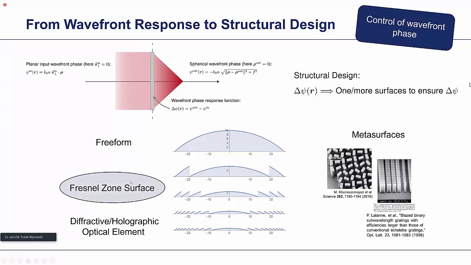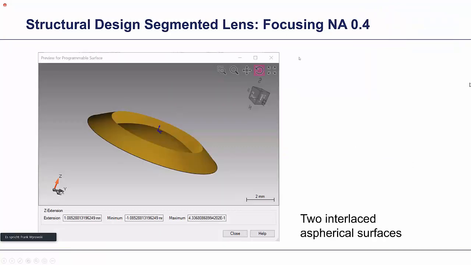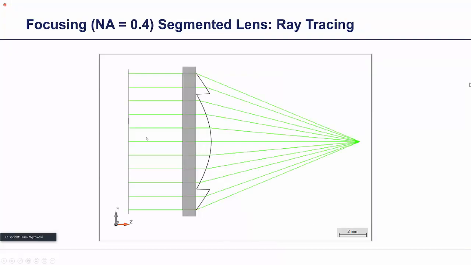I give you one example for this lens. Here we have a numerical aperture of 0.4 for the focusing lens, and from the simple wavefront response we know, we have calculated, for example, two interlaced aspherical surfaces to obtain a little bit flatter lens, to have two segments. You can do a ray tracing simulation of this to get a perfect spot.